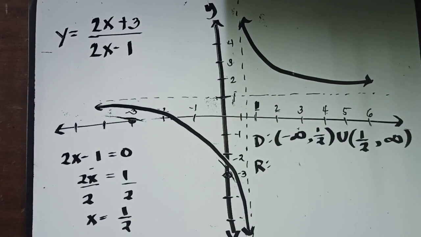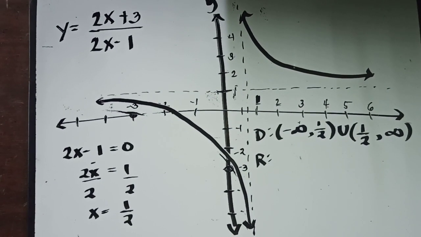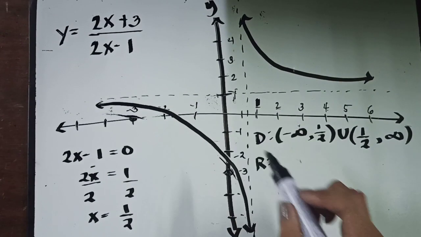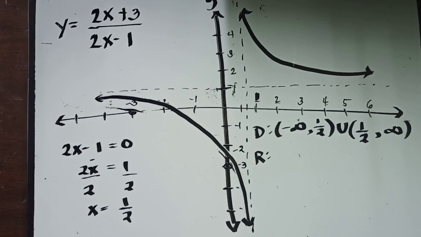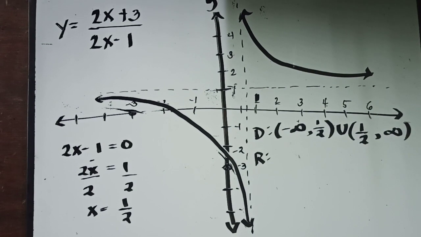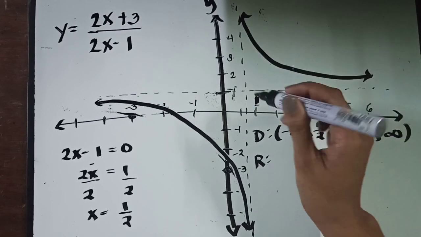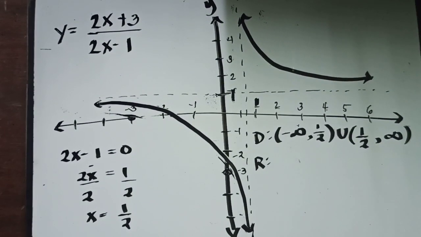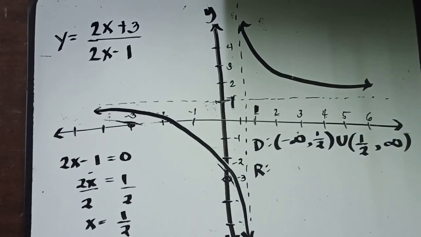So now, to find the range naman, i-check mo lang ulit yung graph, saan ba siya hindi nag-meet? Kay y-axis. Okay? Ano yung value or ano yung point dito sa y na hindi na-touch ni graph? So, papunta or hindi siya nag-touch kay positive 1. So, wala ako ditong na-touch na may y is equal to 1.